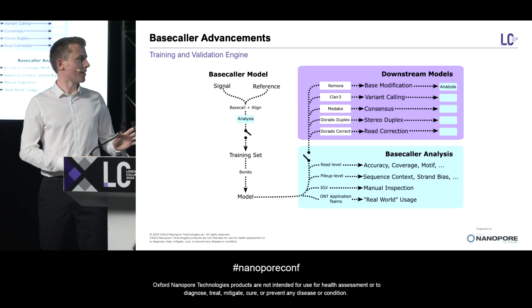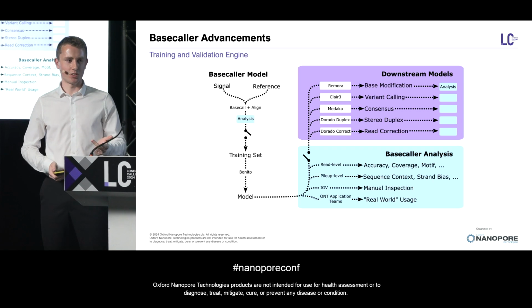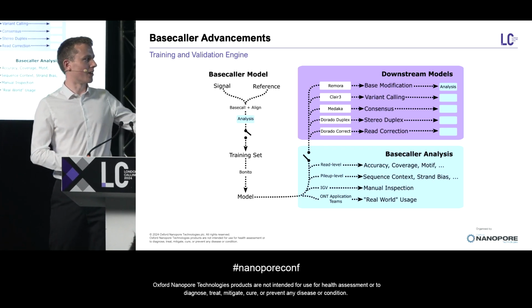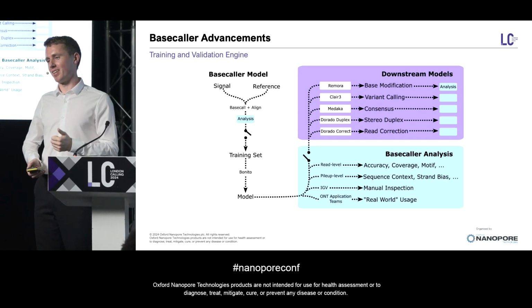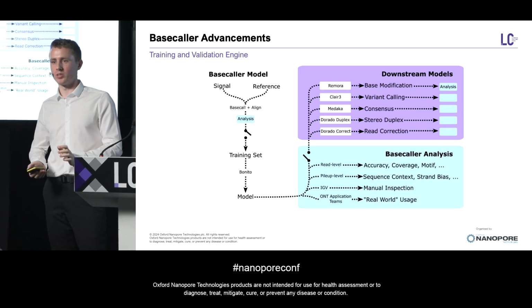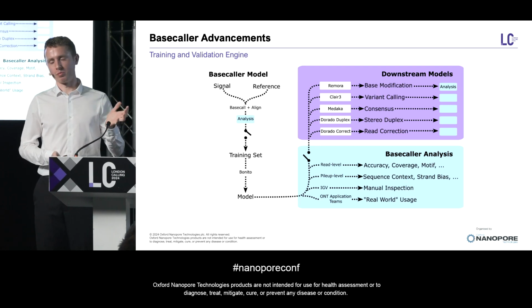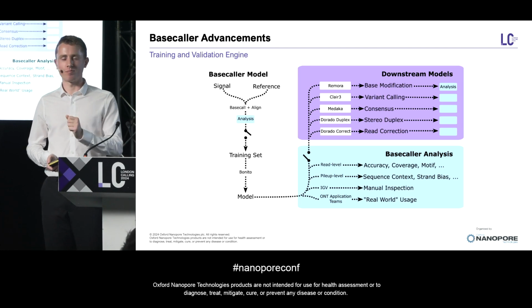Our training set increasingly becomes diverse in both species and modifications and so on. That goes through to our models. As I said, our analysis suite is becoming more and more extensive, but it's also becoming automated. So our iteration times are reducing, and the range of analysis we can do on all of our different models is expanding. And then as all of these things lead to improvements in the Basecaller models, they tend to follow through to our downstream analysis.